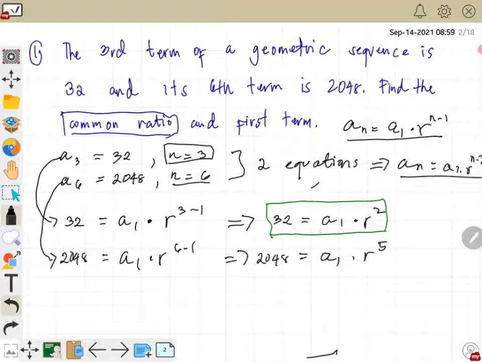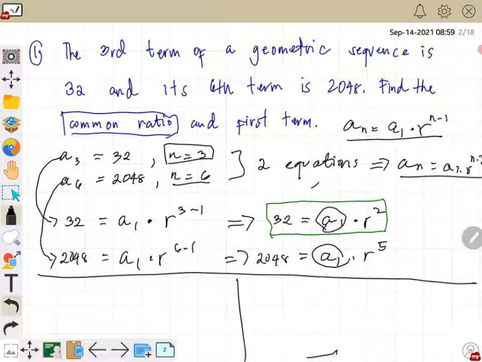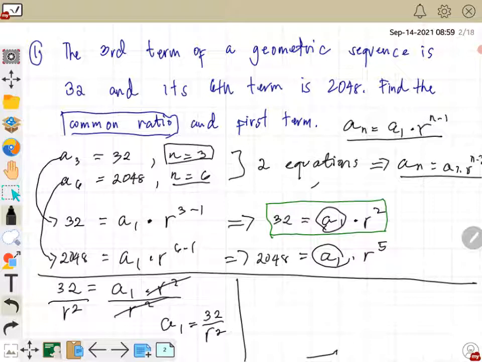So here, as you can see, we can rewrite further the 32 equals a sub 1 times r square. We can simply divide both sides by r square. So our resulting equation will be a sub 1 equals 32 over r square.